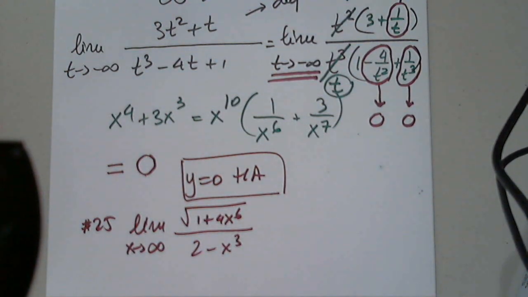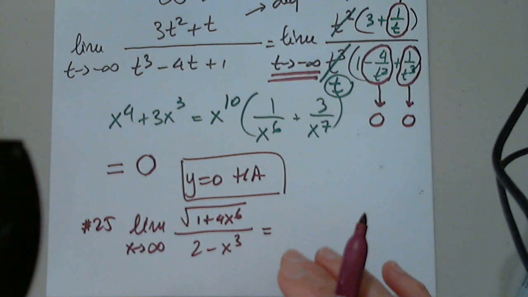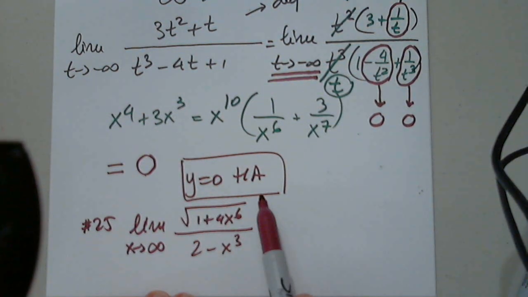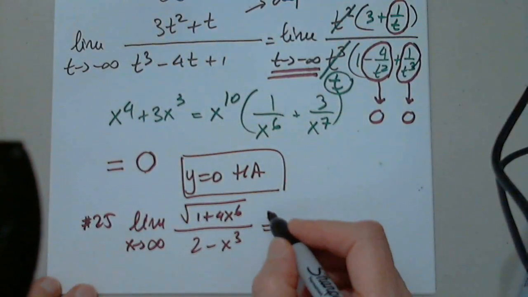What do we need to do first? Plug it in. Yes, because we don't know the type of situation. Yes. So, under the square root, which of these two terms is the most powerful one? I know it's silly. 4x to the 6. Yes.